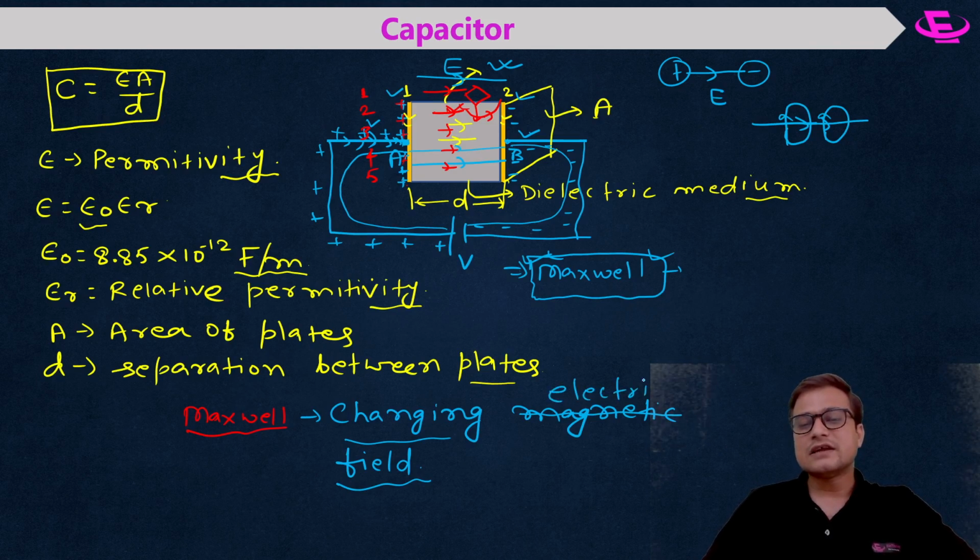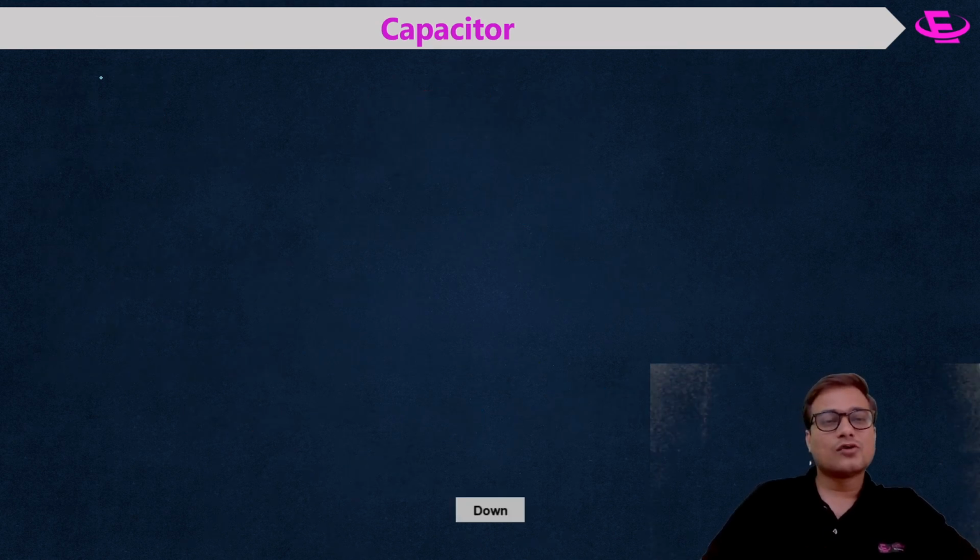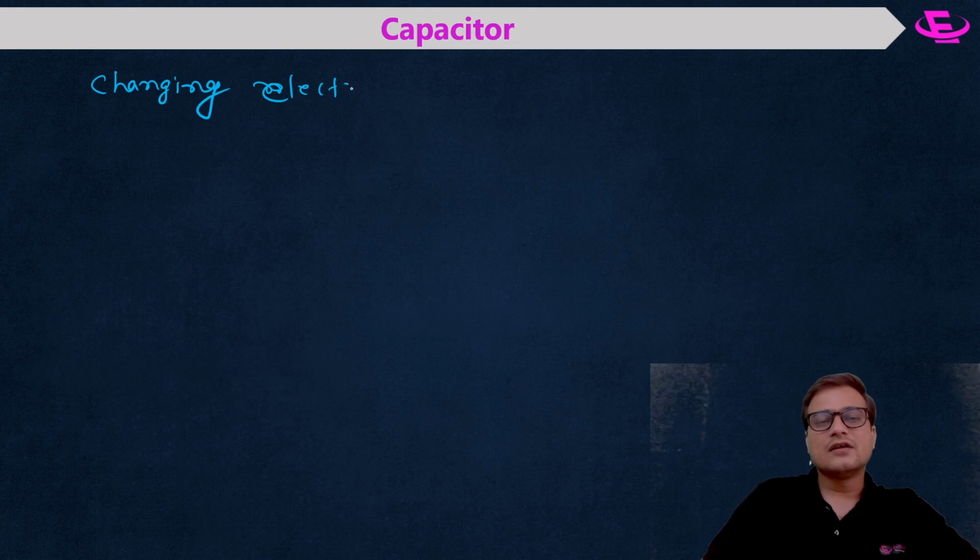So if there is a changing electric field, now what did he tell? Because of a changing electric field, there is a magnetic field. Again everybody got surprised.